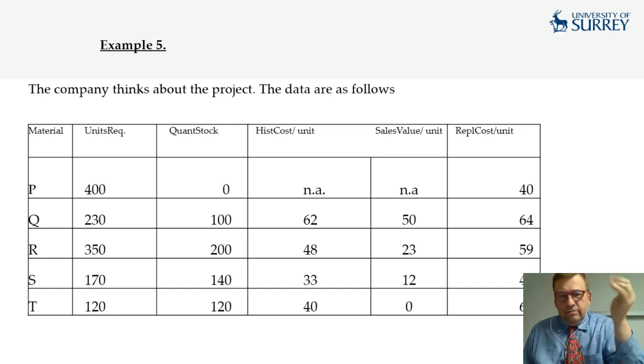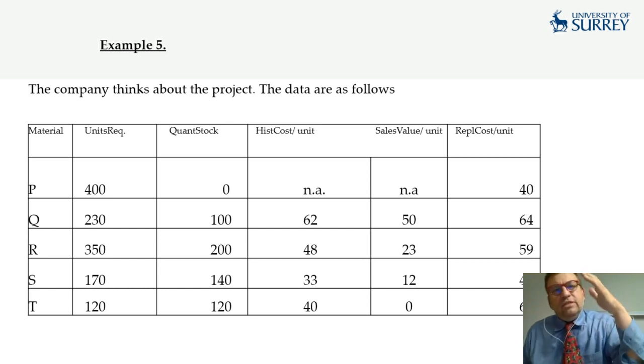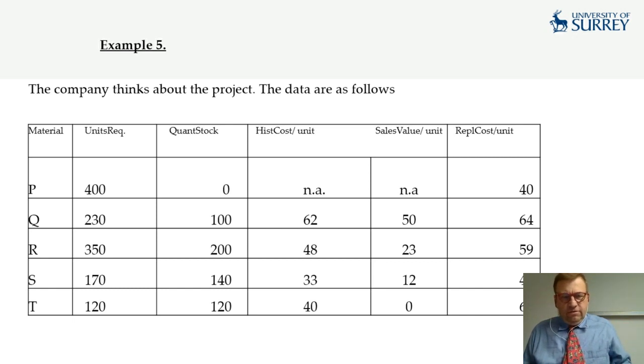The next column is the sales value. I mean, if we want in our company to sell on the market any of these products, P, Q, R, S, and T, we could have this value. Of course, in case of P, because we do not have it, we just don't care about sales value.